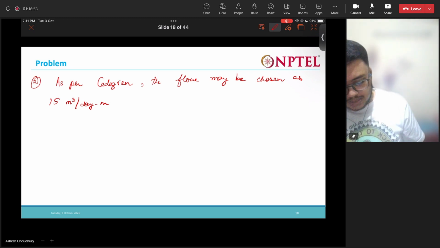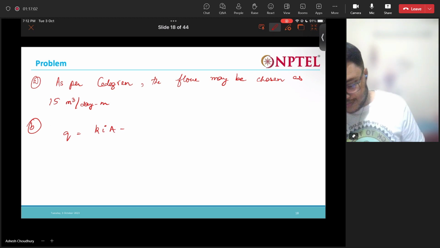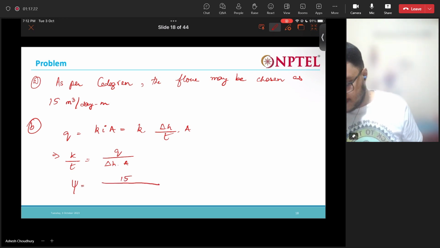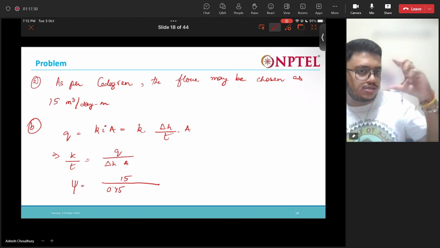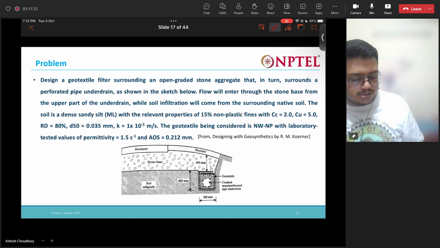Second is to calculate the required permittivity. So again, Q is equal to KiA. 0.45 is used because the total flow will be occurring across this 450 mm.